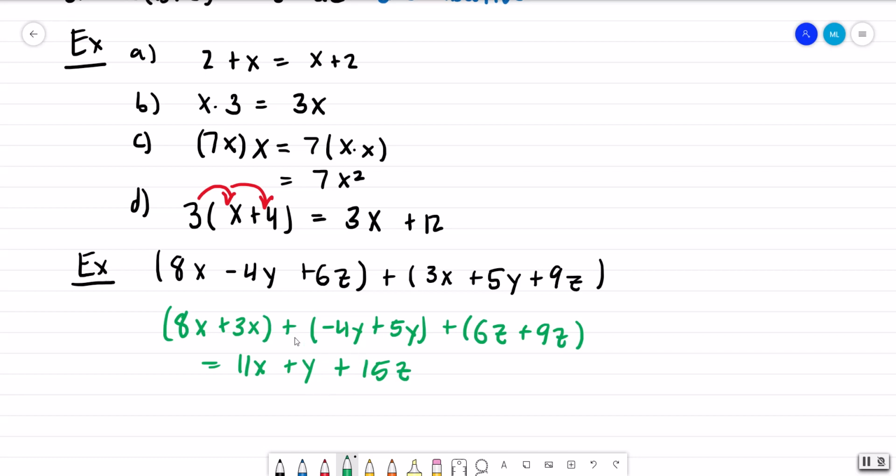However, there's not anything else that we can do with this because these terms are unlike. Both, or all, x, y, and z are not common to each other. So in that case, we just leave it as is because it's the most simplified form that you have.